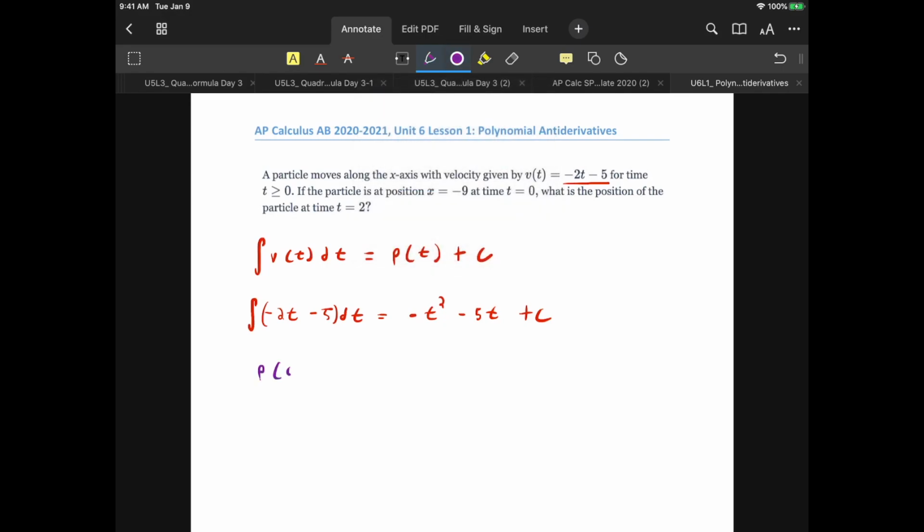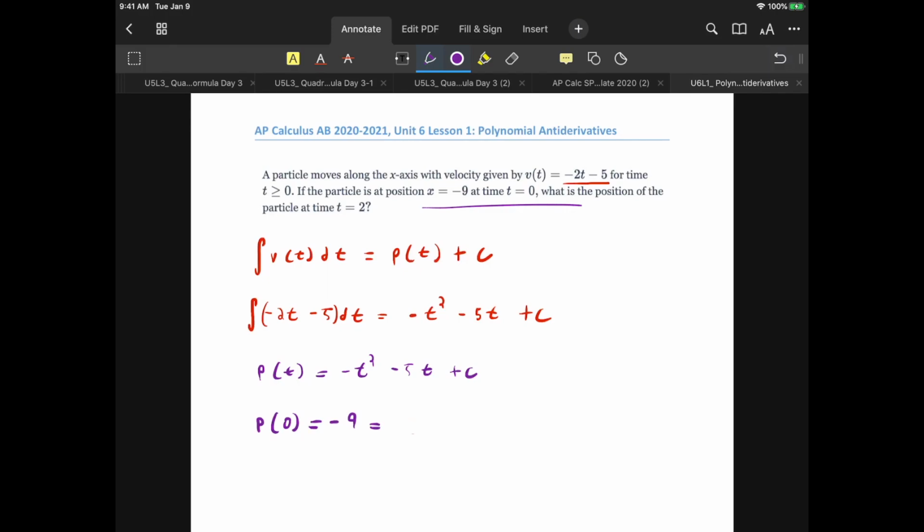So the position function is negative t squared minus 5t plus c. But I also know the position when t equals 0 is negative 9. That's a little confusing because they use the x there because it's back and forth along the x-axis. I know that p of 0 equals negative 9, and that's equal to c.